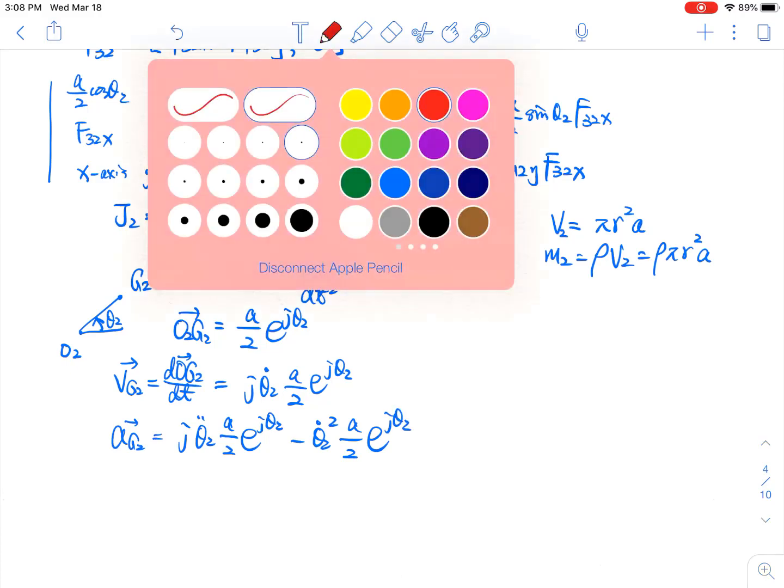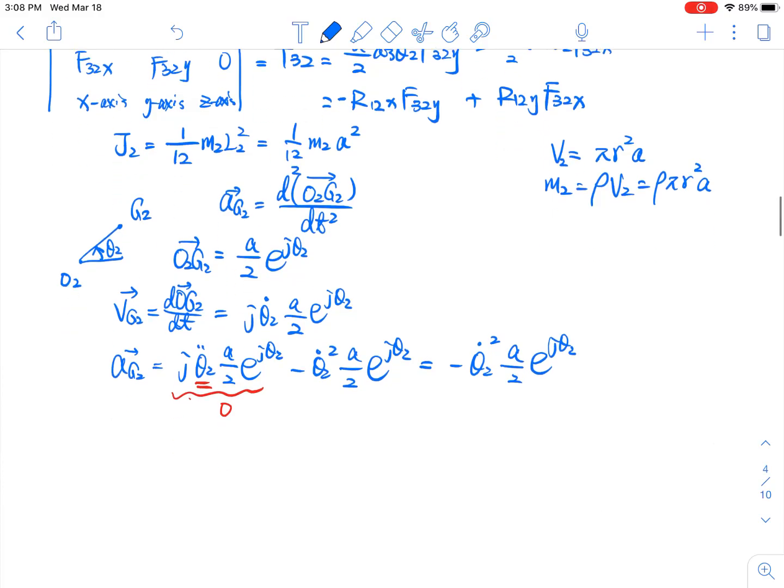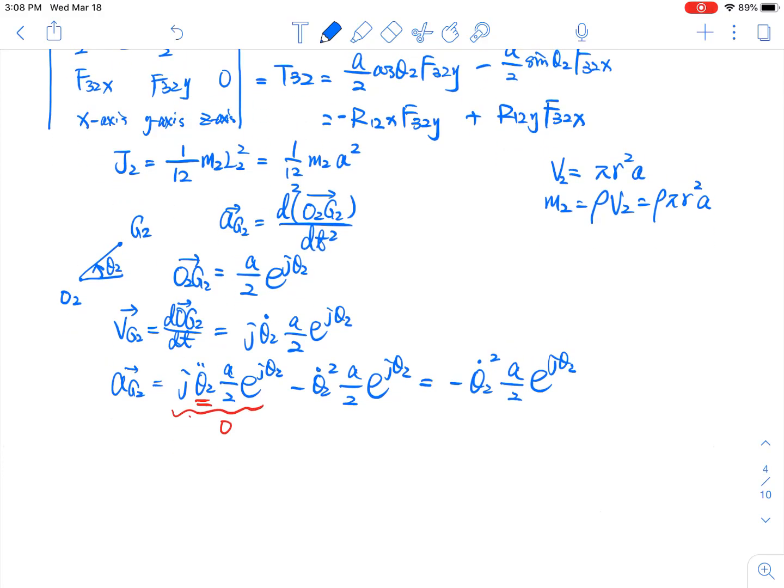So in this special case, we know that theta 2 double dot is 0, so the first term becomes 0. So we have the acceleration equal to minus theta 2 dot squared half a e^(j theta 2). And then that's the complete vector.